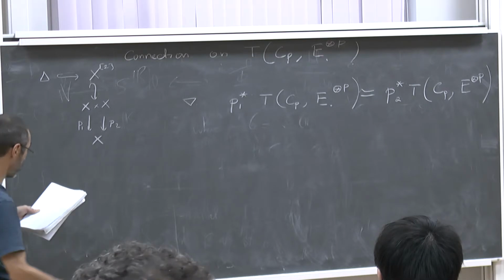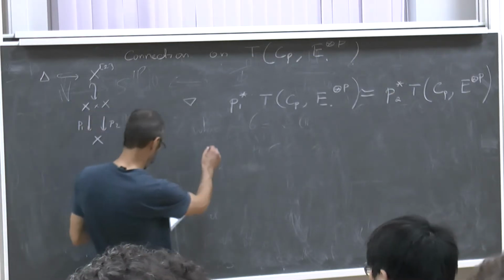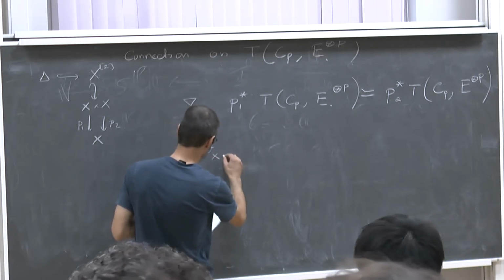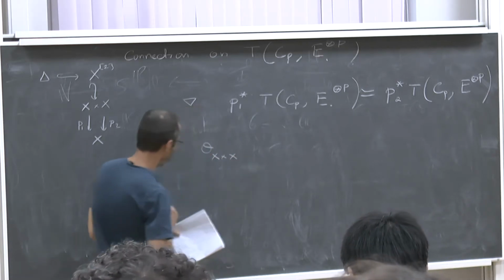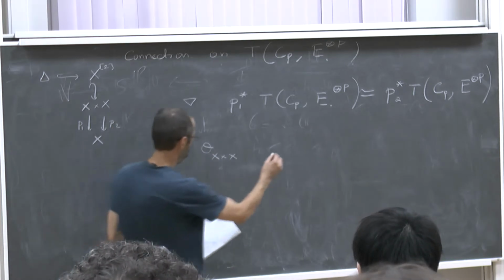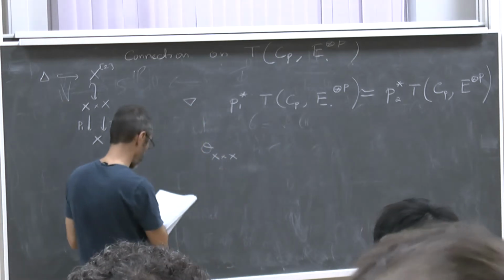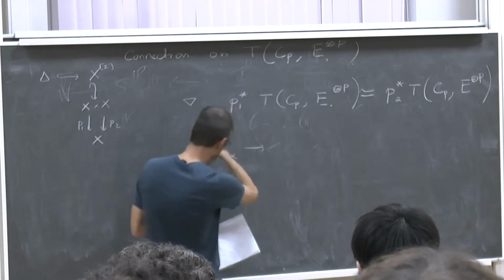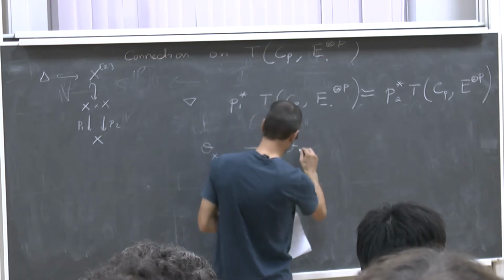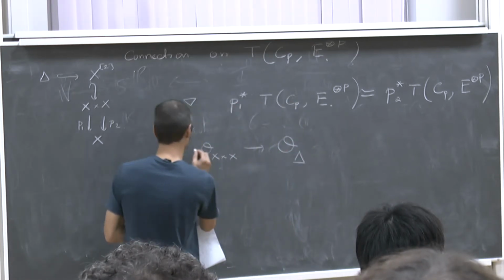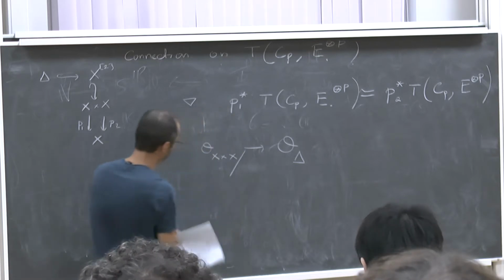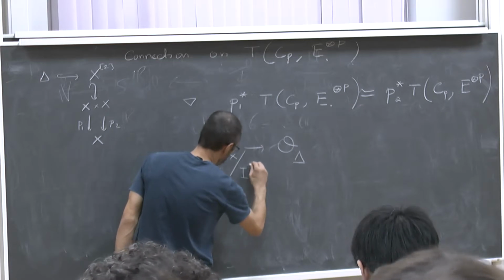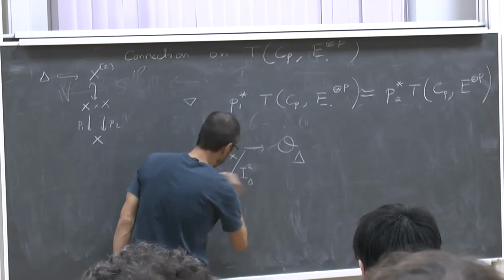So let's start with the Atiyah extension. I have a short exact sequence of sheaves on X times X. I have the structure sheaf, I have the structure sheaf of the diagonal, and I want to mod out by the square of the ideal of the diagonal.